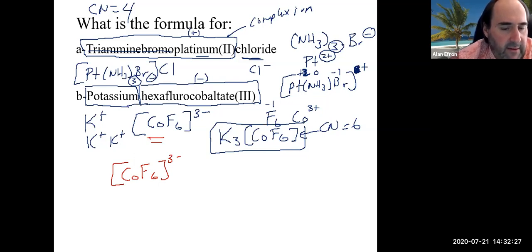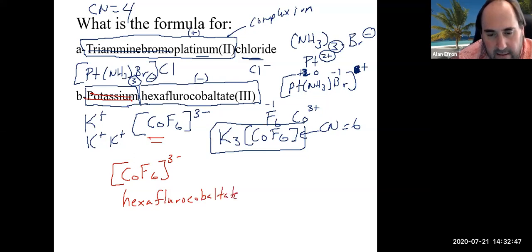You would name it the exact same way as if it was in a coordination compound. You would just leave off the counter ion, which is missing, so this would be called the hexafluorocobaltate(III). And it's not a coordination compound, it's still an ion, so people will put ion at the end of it.